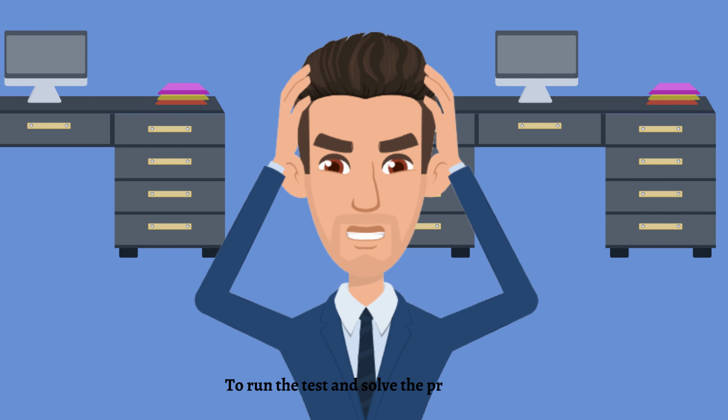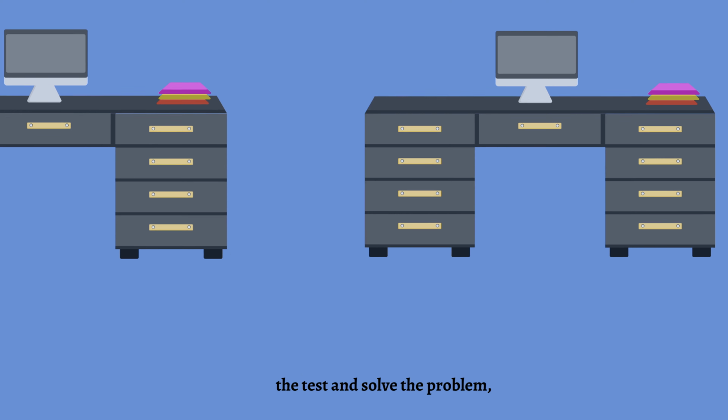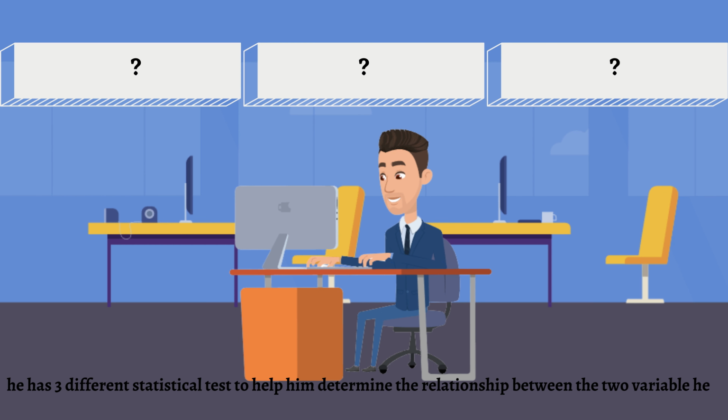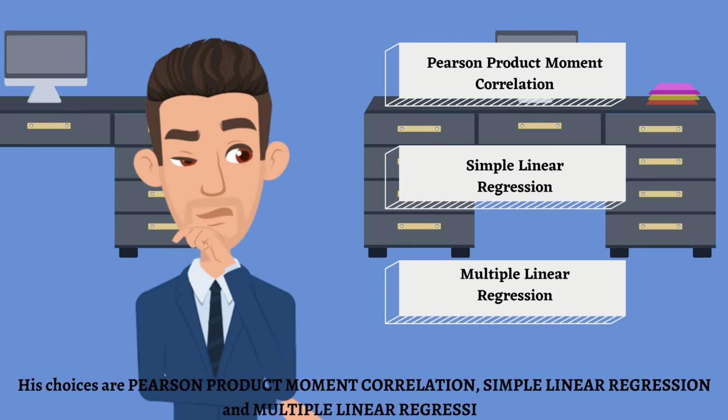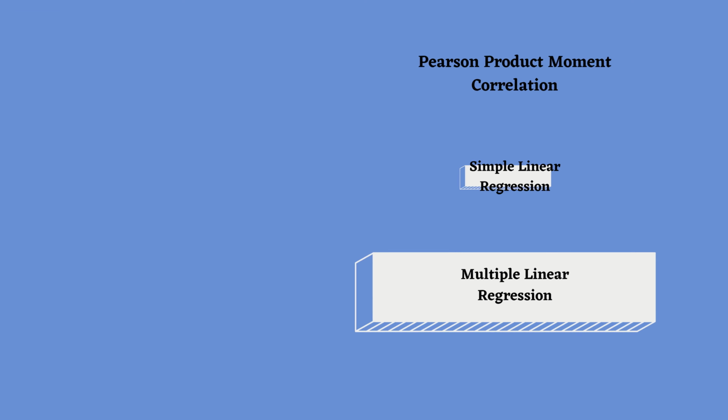To run the test and solve the problem, he has 3 different statistical tests to help him determine the relationship between the 2 variables he is looking for. His choices are Pearson product moment correlation, simple linear regression, and multiple linear regression.